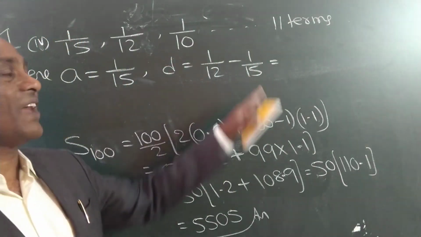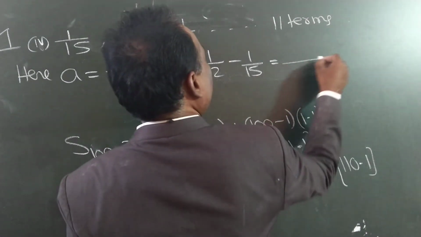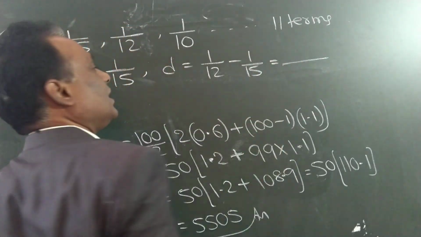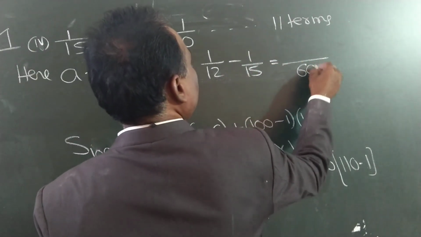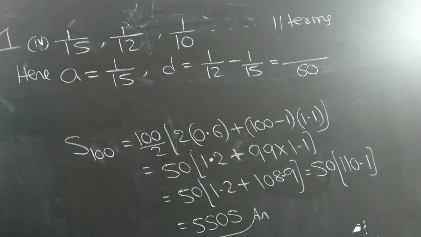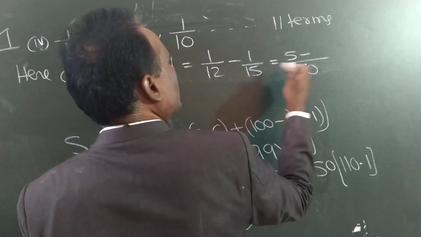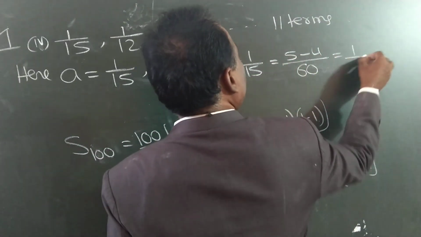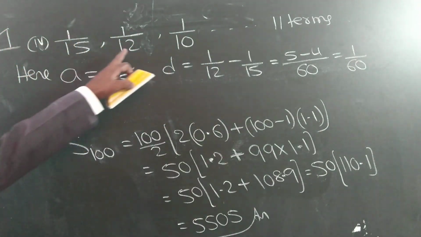How to subtract the fractions? Take the LCM. What is the LCM of 12 and 15? It is 60. 12 goes 5 times, 15 goes 4 times. So 1 by 60. D is 1 by 60.